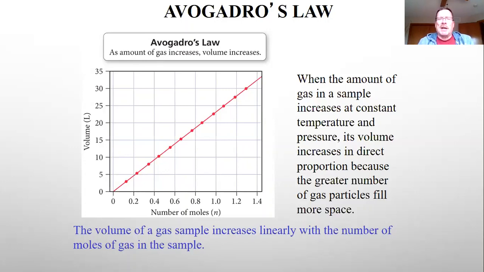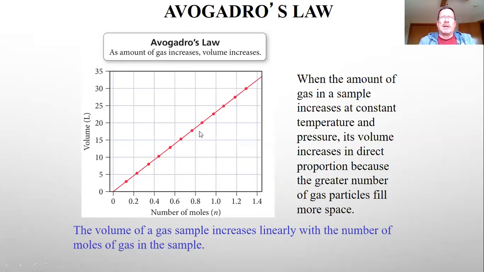Here you can see Avogadro's law is comparing volume to the number of moles you put in. It's a direct relationship, a direct proportion, just like we saw with volume and temperature, and pressure and temperature. As you add more moles of gas, your volume's going to expand because you just got more. If you take out gas or have less, then it's going to be less. So they're proportional, and they all meet on this straight line here.